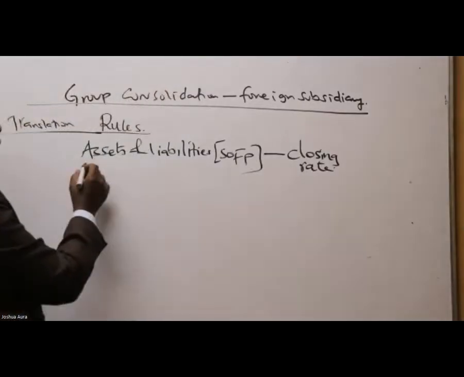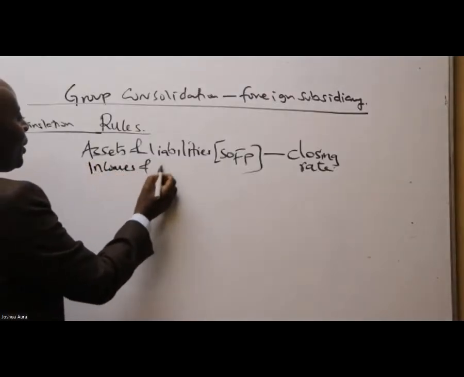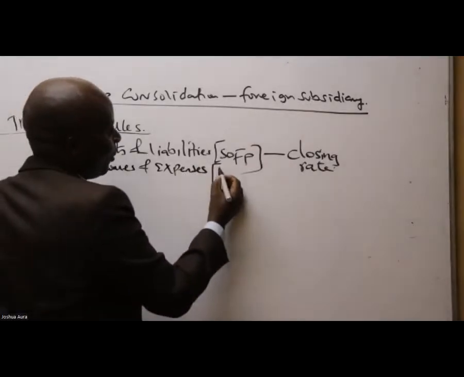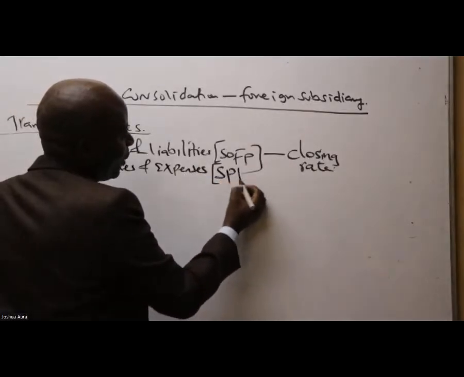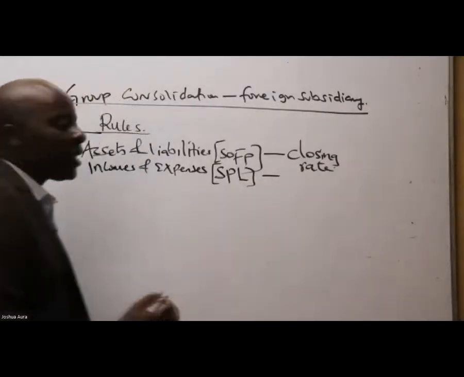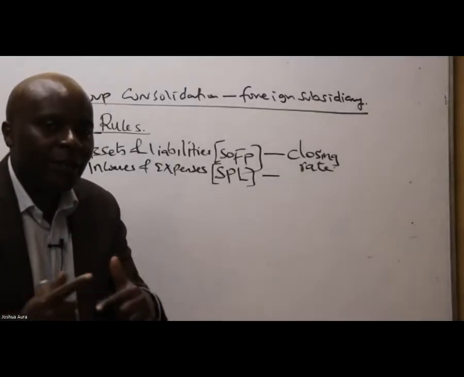Of course, if it is incomes and expenses, which we shall be getting in the statement of profit or loss, you know, income and expenses, they accrue almost evenly in the whole year.